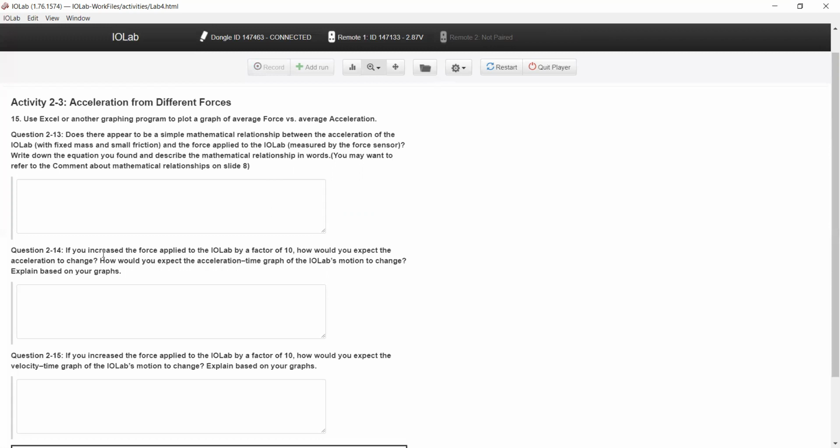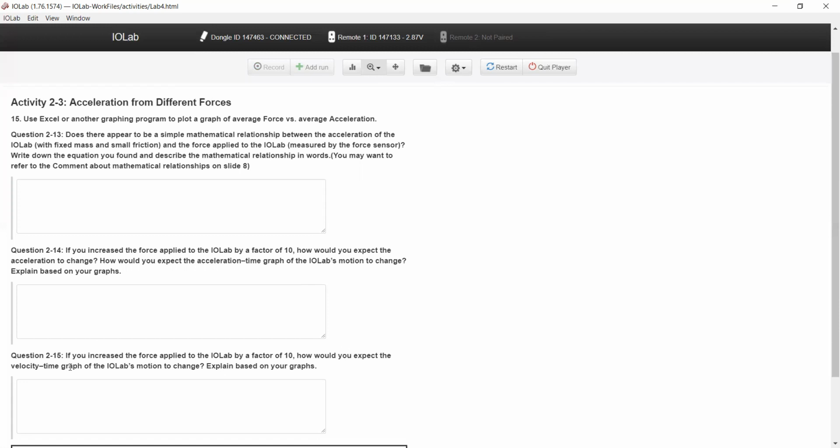If you increase the force applied by a factor of 10, after you have the relation, you should be able to see from our experiment also that if you have force 1, some acceleration is there. If you double the force, acceleration is also doubled. Similarly, if it is a factor of 10, after you have the equation, it will be more clear.